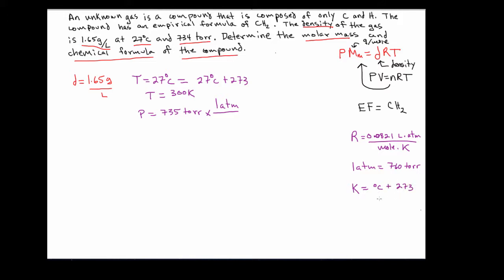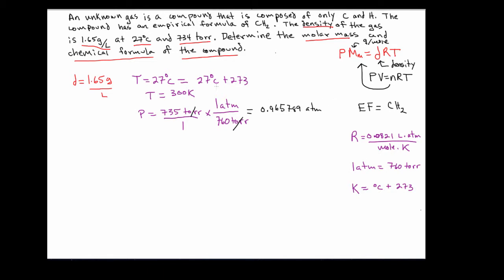And degrees centigrade is the same thing as degrees Celsius. So getting back to the problem, we need to change the torr into atmospheres. So we're going to multiply 735 torr times 1 atmosphere over 760 torr. You can see that the torr cancel out, and we've solved for atmospheres, which will be 0.96. And then I carry the numbers out here without rounding.